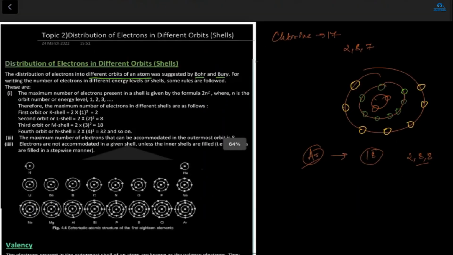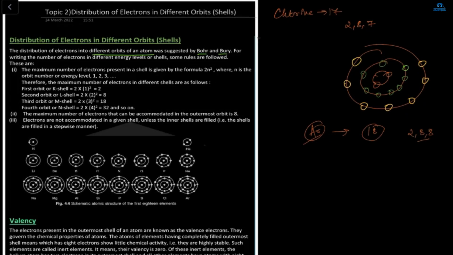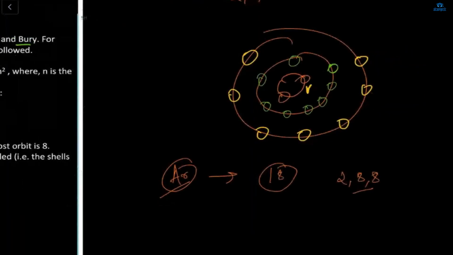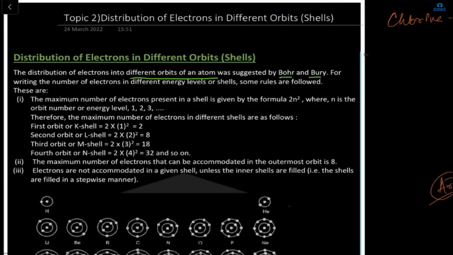This is your K, this is your L, this one is your M. So this is the distribution of electrons in different orbits.